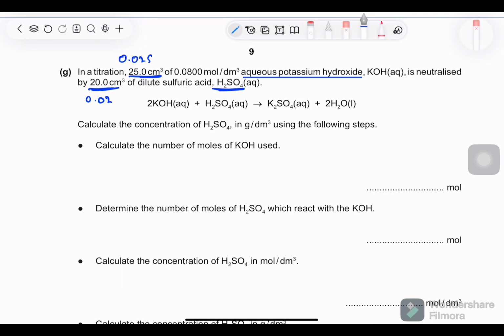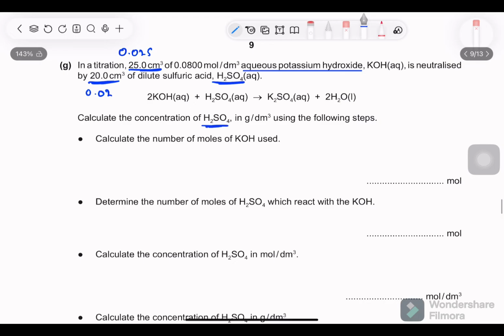So remember to read the question twice at least so that you know which information you are given and which information you are being asked. Carefully look at the equation. Calculate the concentration of H2SO4 in grams per dm cube using the following steps. The final outcome is the grams per dm cube one, but we are going in steps. These are guiding steps for us, the building blocks.